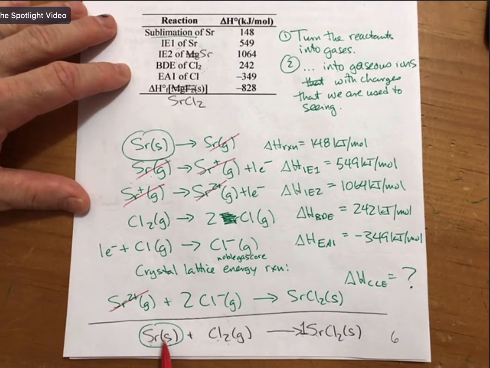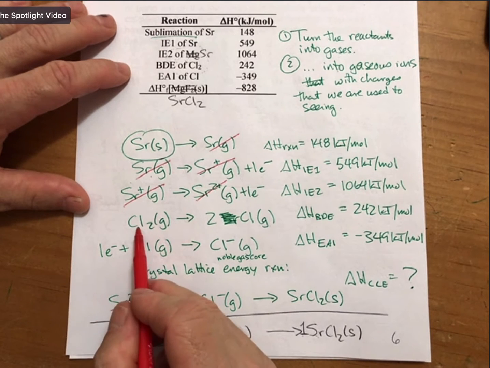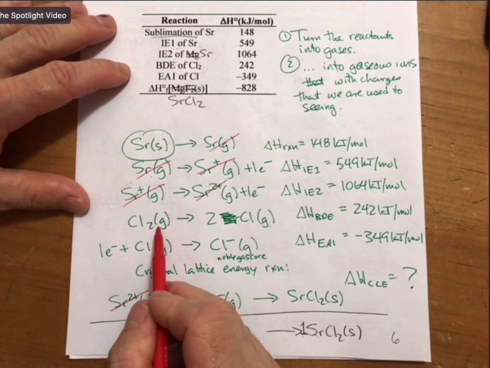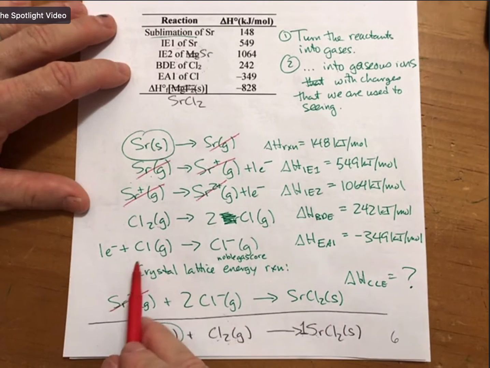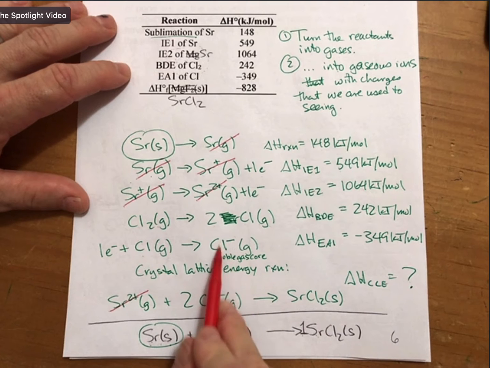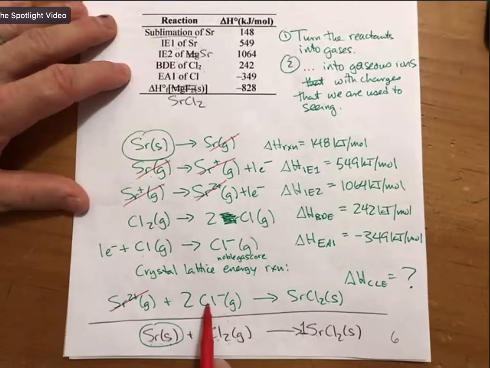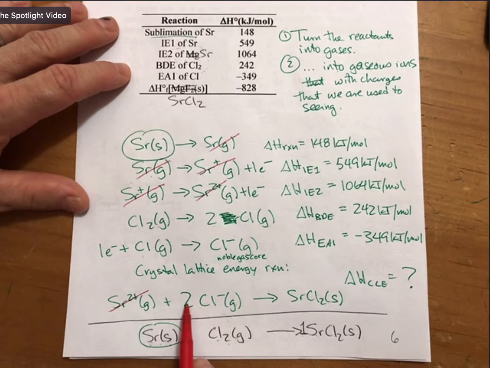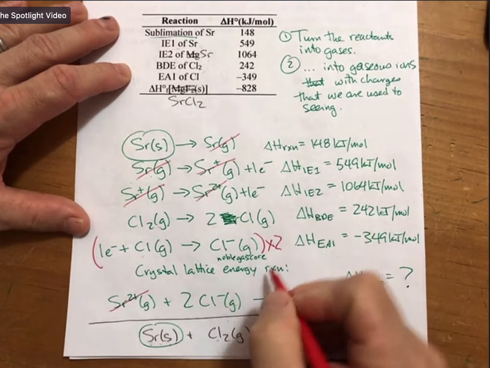So the only strontium species that doesn't cancel is Sr solid. For the chlorine, Cl2 gas, well, let's see. I have 2 chlorines here and I have 1 chlorine here. So one of them cancels. I have 1 Cl minus gas on the product side, and I have 2 Cl minus gases on the reactant side. So in order to make everything cancel, I have to multiply this times 2.